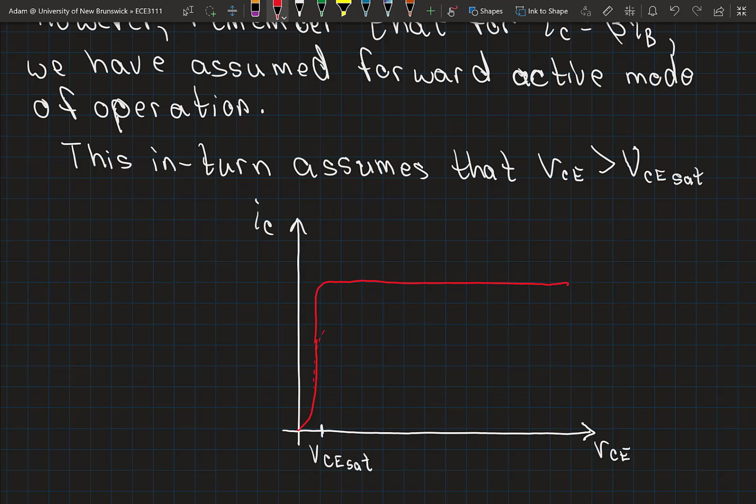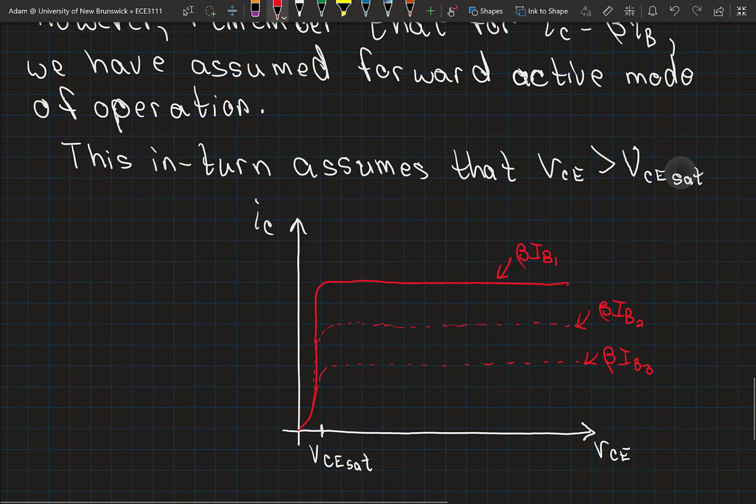And again, you can develop a family of output curves here that are dependent on the specific base current. Okay, so this being maybe base current 1 versus base current 2. So these are all just different operating points that will impact the operating point of the diode.